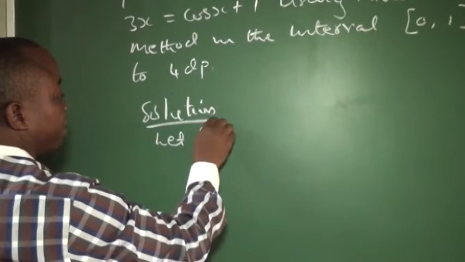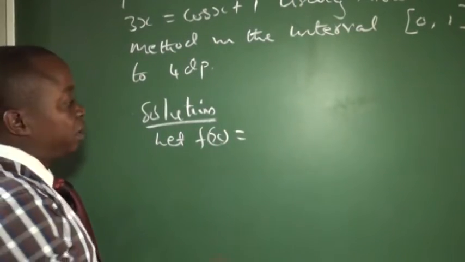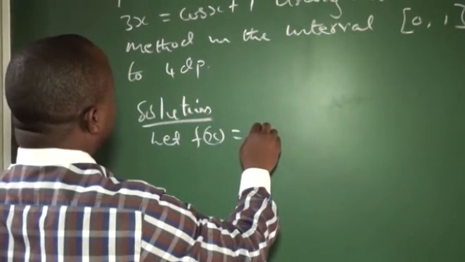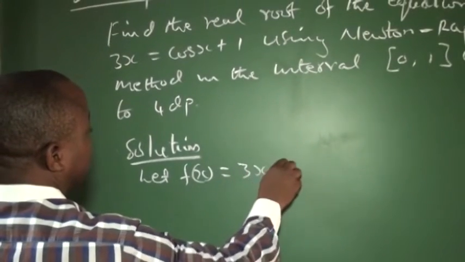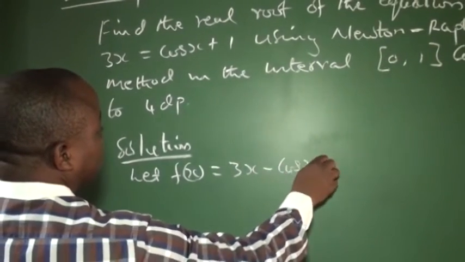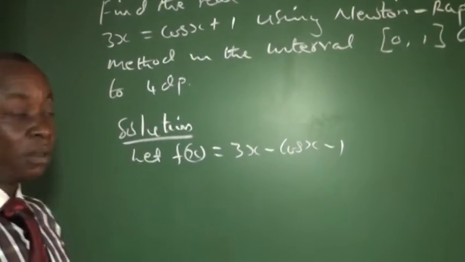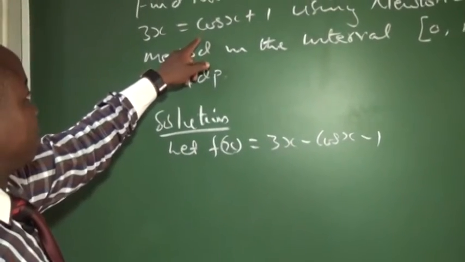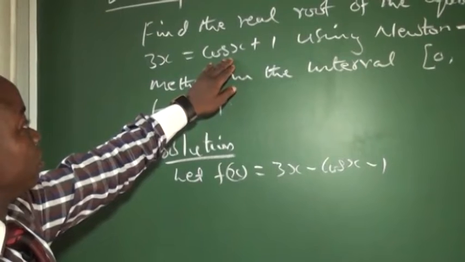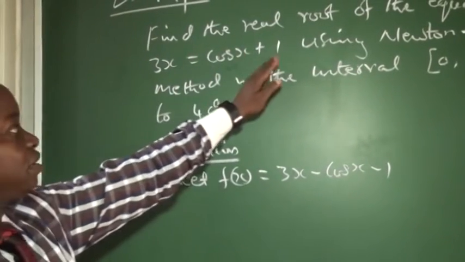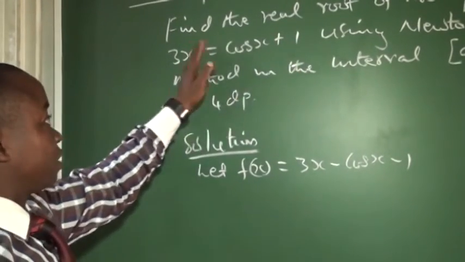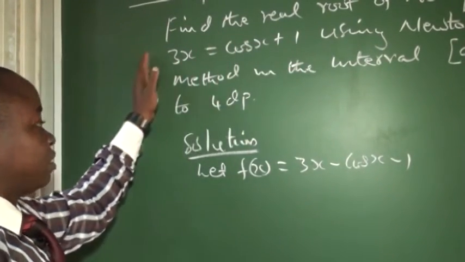Let f of x equal 3x minus cos x minus 1. Here what I'm doing is to carry cos x to this side, and I will have minus cos x. Carry 1 to this place, I will have minus 1.